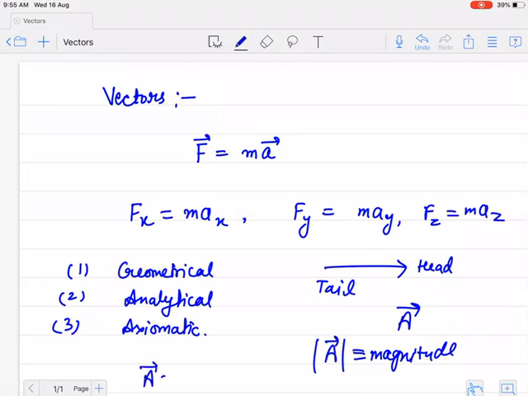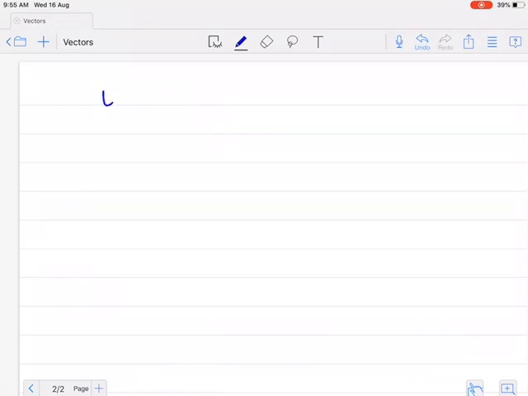So vector is magnitude into direction. A cap is the direction, known as the unit vector. The unit vector we can write as the vector upon its magnitude. So this is a basic definition of the vector, and we will see the algebra of vectors.